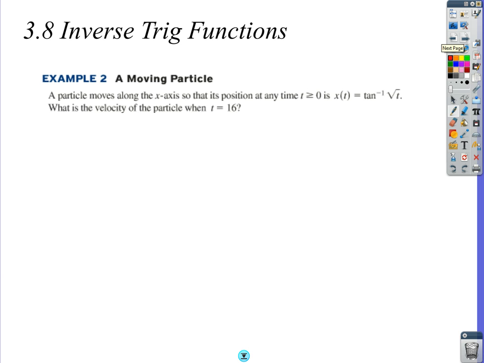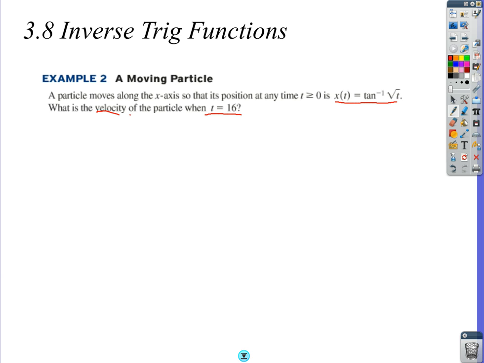All right. Next one is an application problem. A particle moves along the x-axis, so its position at any time t greater than 0 is given by this. What is the velocity of the particle when t is equal to 16? Okay, velocity means I take the derivative, and I have a handy-dandy formula for that.